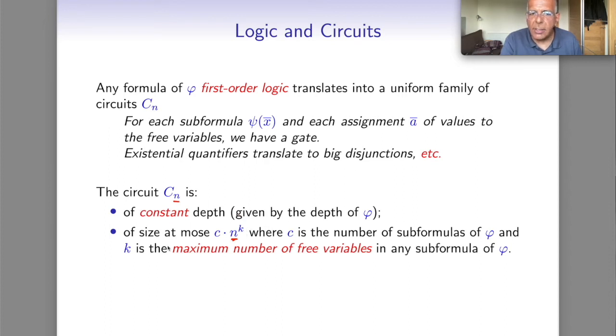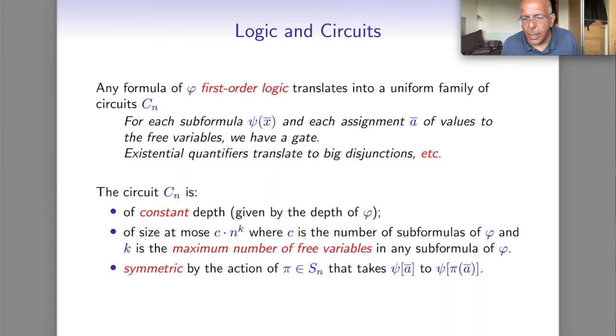And k is the maximum number of free variables in any subformula of phi, which is a useful fact, because the maximum number of free variables in any subformula is exactly the number of variables you need to write down the formula. Okay, so that's worth keeping in mind. And the circuit is symmetric by construction, because if you take any permutation of 1 through n, then for every gate, there is a gate which is its image under that permutation, and that is an automorphism of the circuit.